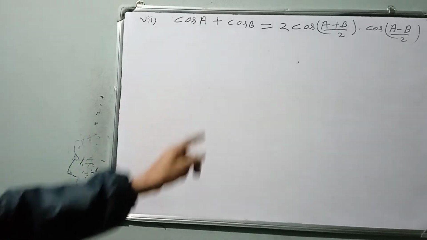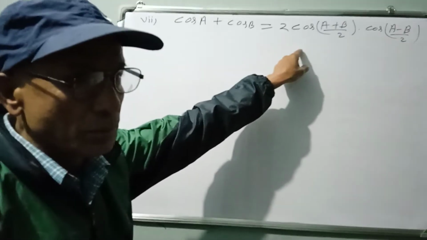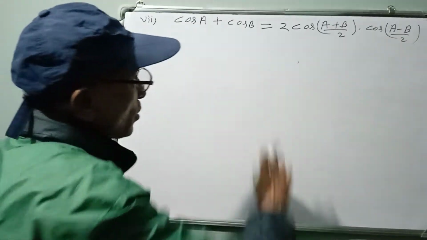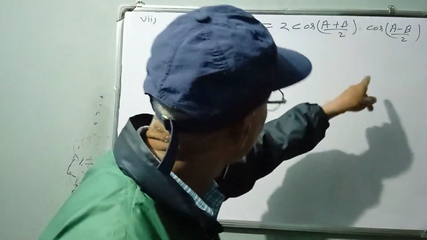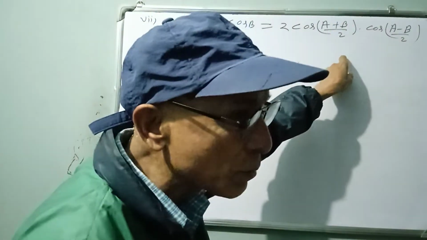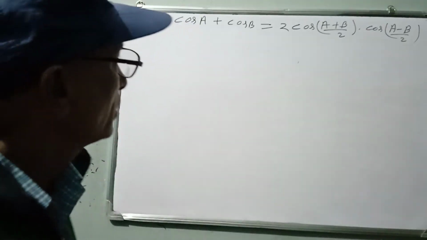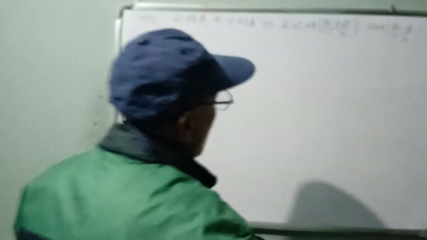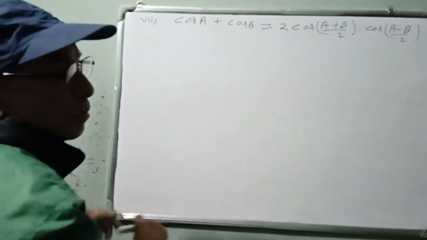Sometimes the question can be asked, convert cos A plus cos B in terms of half angle. You have to write this formula. Read it two ways: cos plus cos is 2 cos cos, and again right to left, 2 cos cos is cos plus cos.